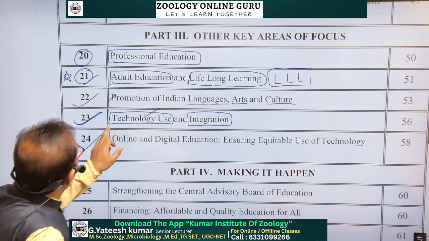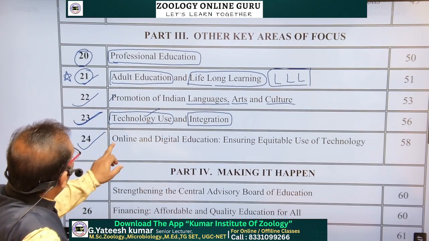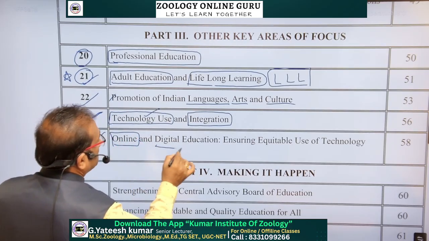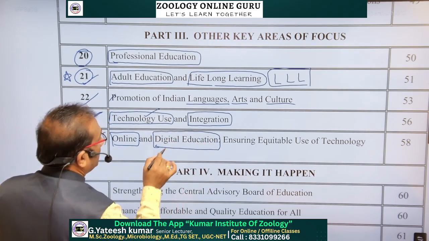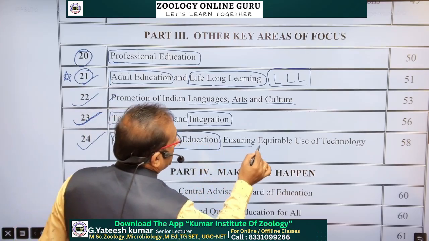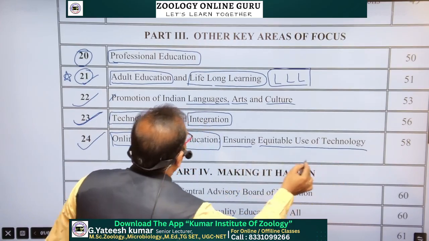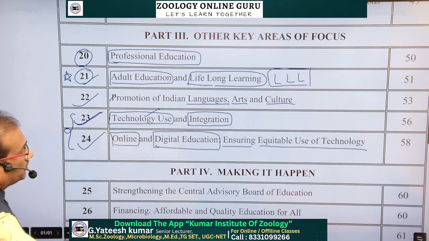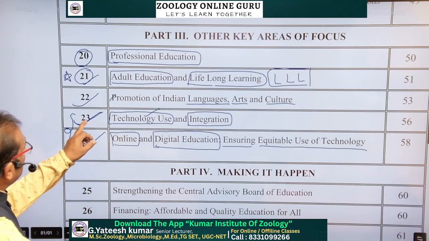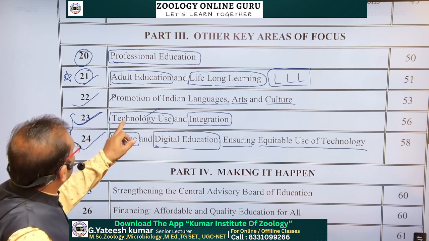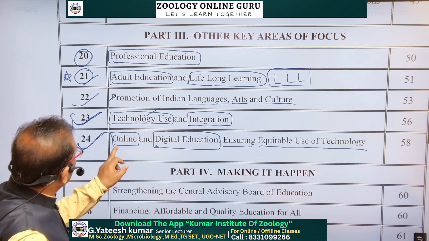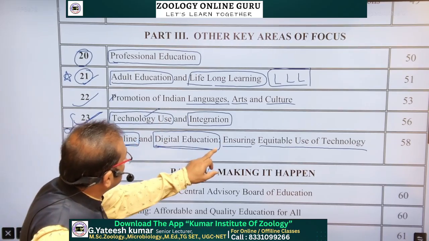And the last chapter in part 3 is online and digital education, ensuring equitable use of technology. So these two are about technology. Chapter 23 deals with technology use and integration, and chapter 24 deals with online and digital education.